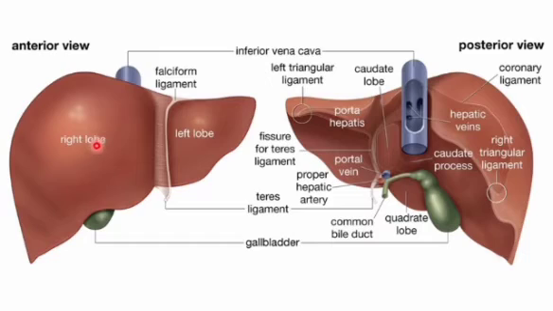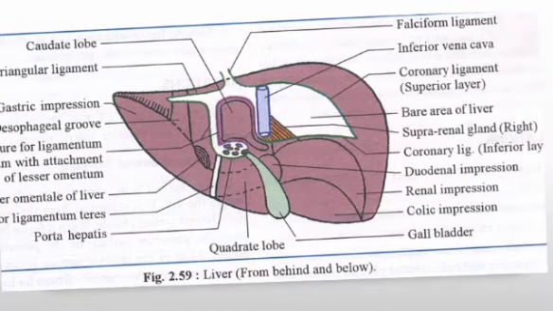You can see the right lobe as well as the left lobe by the attachment of the falciform ligament. You can see the falciform ligament nicely here. The anterior surface consists of a broad right part, a narrow left part and an intermediate triangular area. This is the intermediate triangular area, and this is a posterior view of the same section.